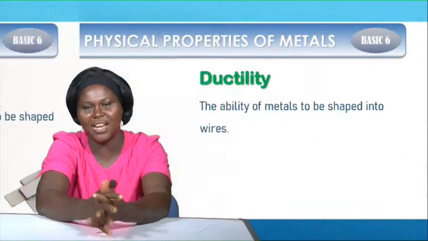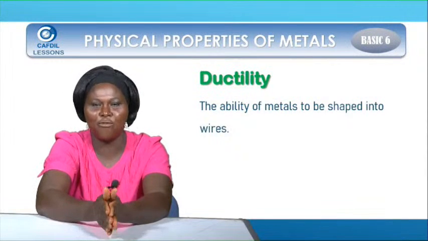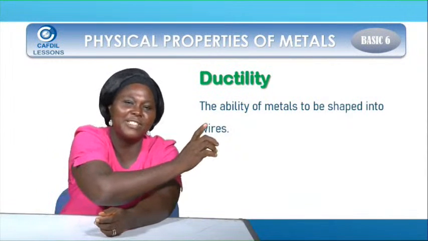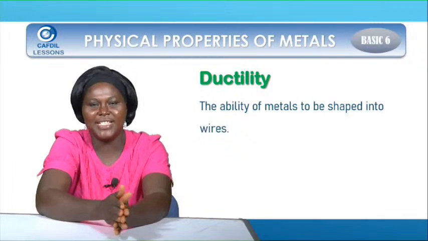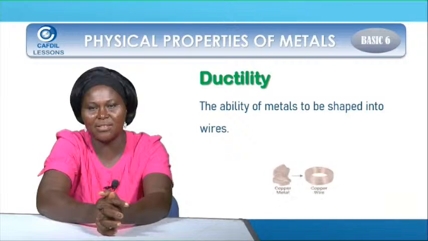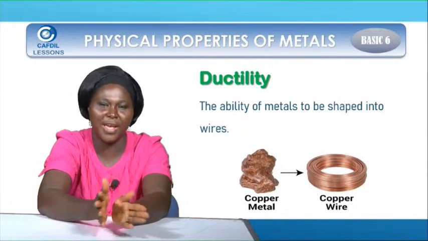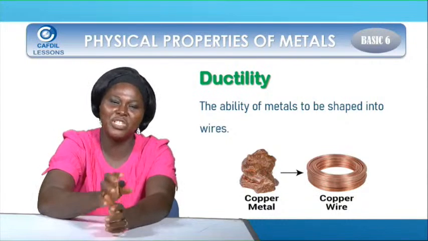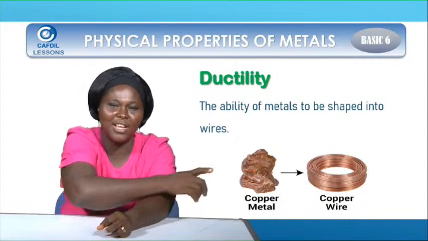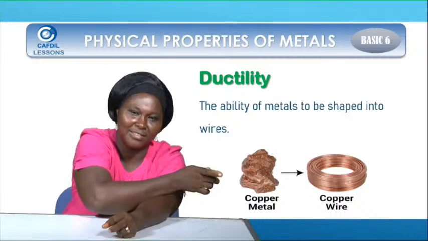Let's look at another property of metal. We have ductility. Ductility is the ability of metals to be shaped into wires. Let's look at copper metal.